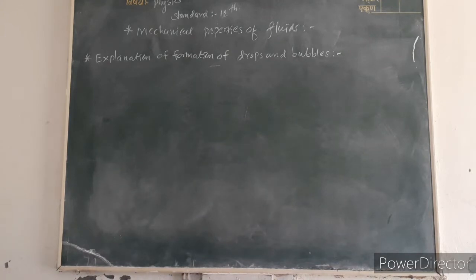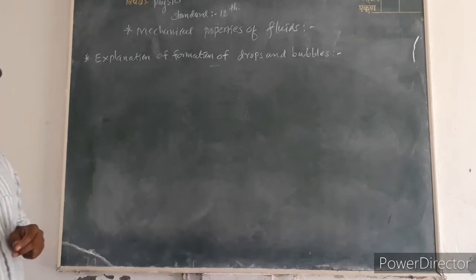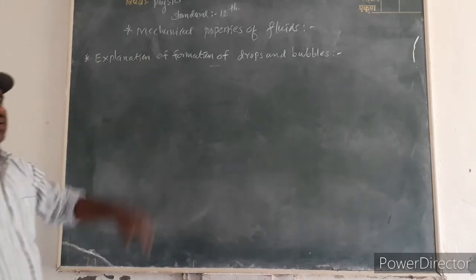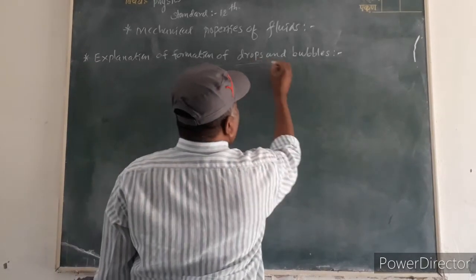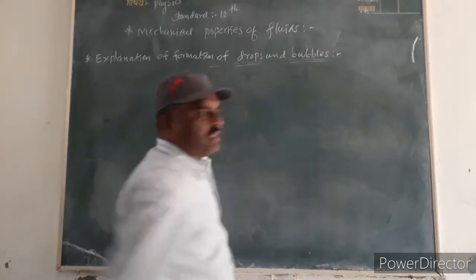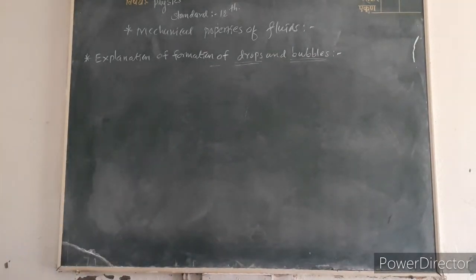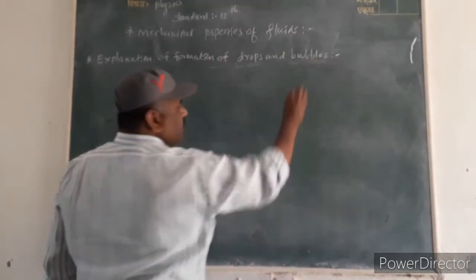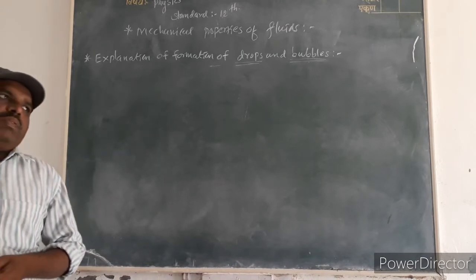The chapter is mechanical properties of fluid, and today we discuss the explanation of formation of drops and bubble. We know that the liquid drop and bubble are spherical in shape.